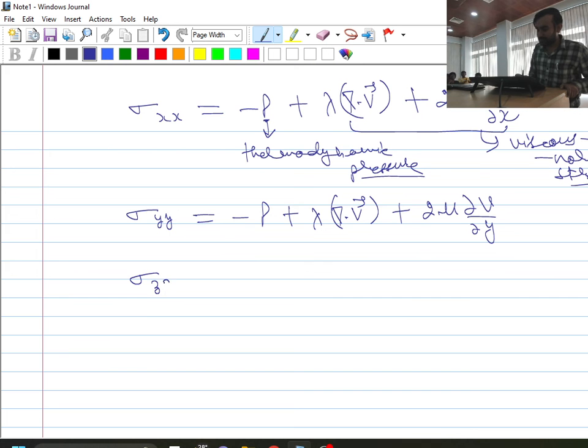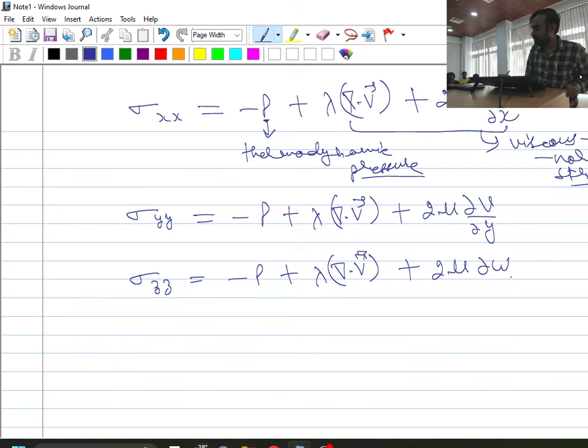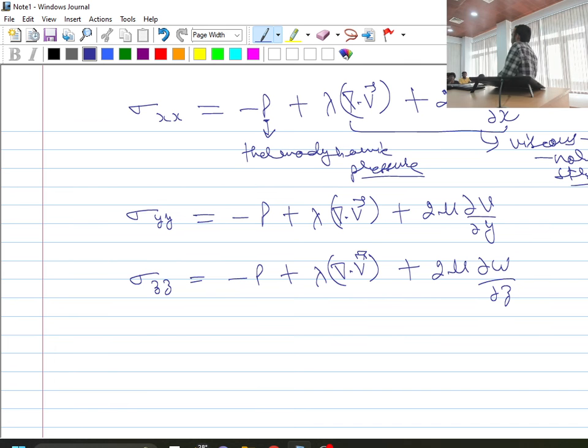Then I will have sigma zz, which is minus p plus lambda times the divergence of the v vector plus 2 mu into del w by del z. One question: why am I not writing px, py, pz here? Pressure is a scalar quantity. It is equal in all the directions.